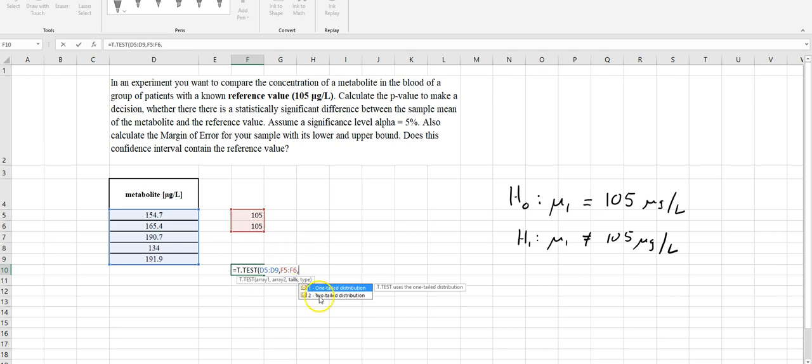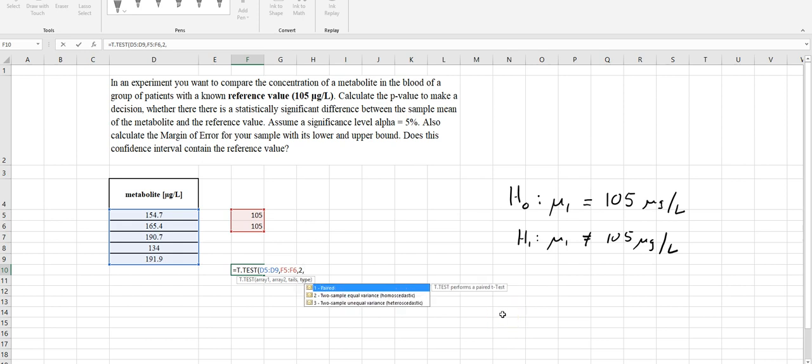And now we need to ask how many tails we want for this distribution. Since we formulated our alternative hypothesis that it should not be the same, this could mean that mu1 is either larger than the reference value or smaller than the reference value. So this indicates that we have two tails here, and I would always go for two tails in a case like that.